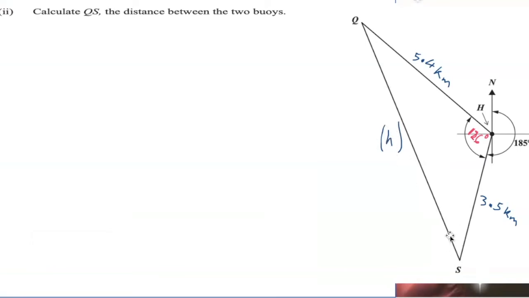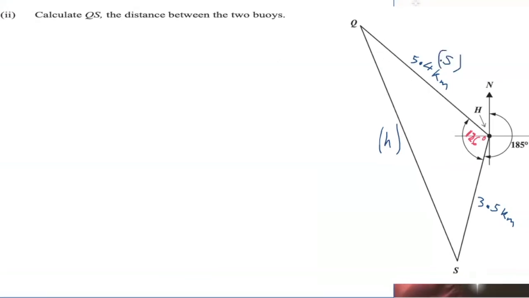There will be an angle at capital S, so the side facing it I will denote as small s. Also, capital Q will represent an angle here, so the side facing that angle I will call small q.